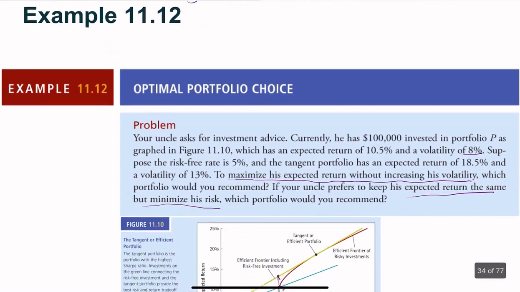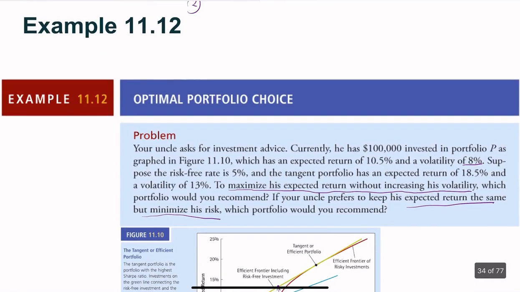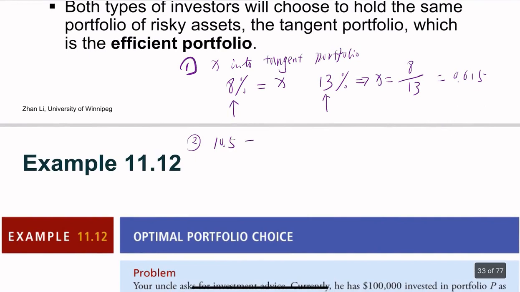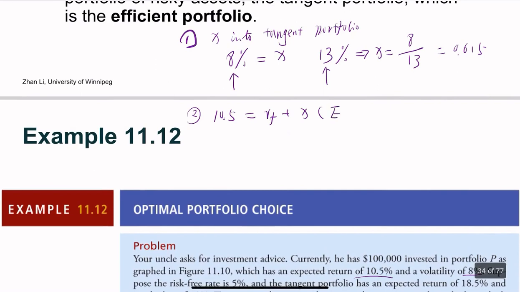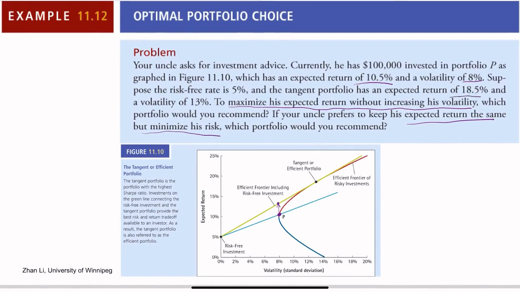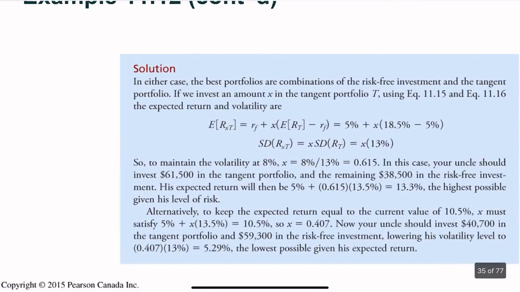So we know that if he wants the expected return the same, then the expected return should be 10.5%, which equals the risk-free rate, 5%, plus x times the expected return of the tangent portfolio minus the risk-free rate. The tangent portfolio has an expected return of 18.5%, so 18.5% minus 5%.